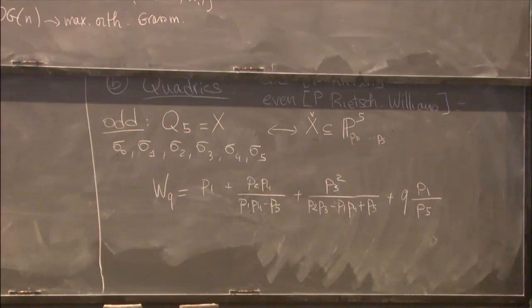Okay, and here, well, that was just to give you an idea of the cluster structure. And in that case, we can prove the same as for Grassmannians. Okay, and I will.